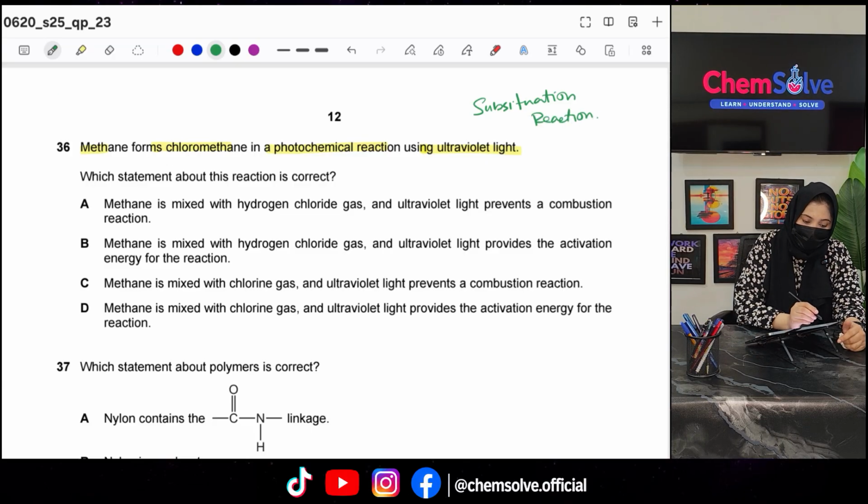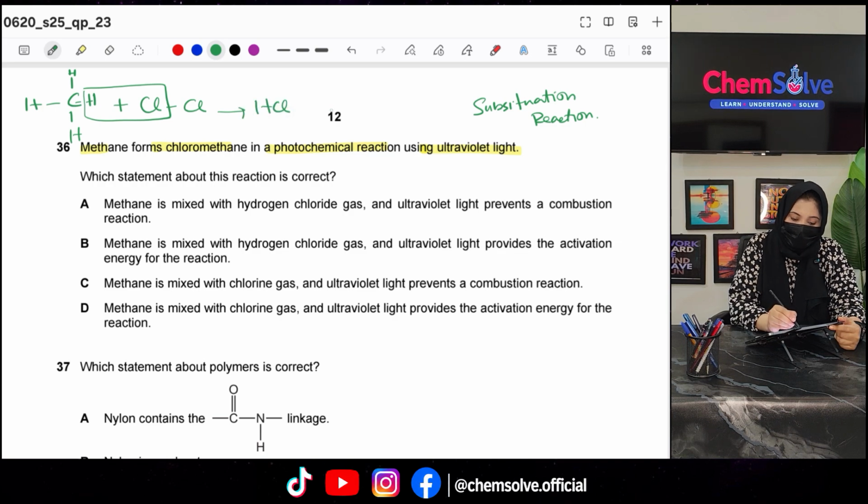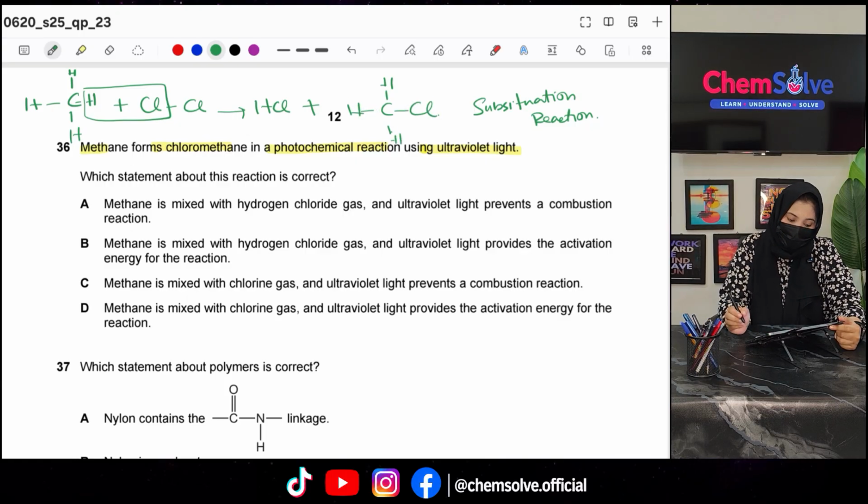We have methane and we react it with chlorine. What happens? HCl is removed and one hydrogen of methane is replaced by chlorine.